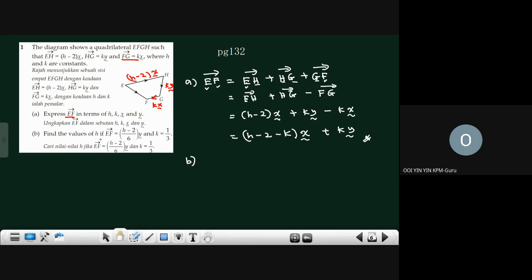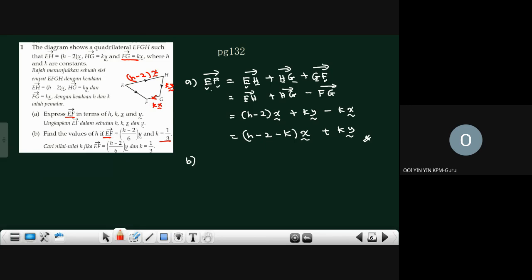Find the value of H. If EF equals to H minus 2, 6Y, and your K equals to 1 over 3, find the value of H. So now they give you this information. Very easy. We just need to substitute in EF.